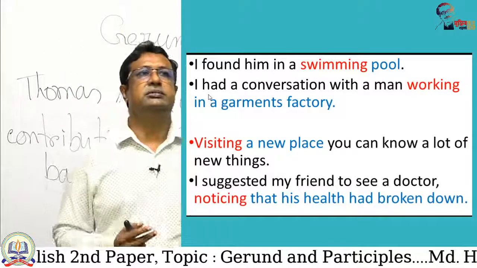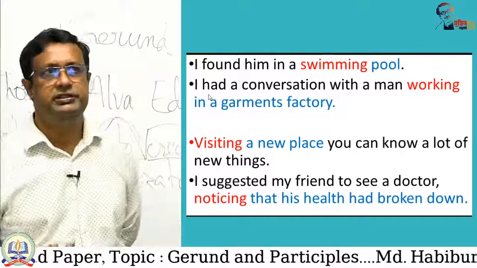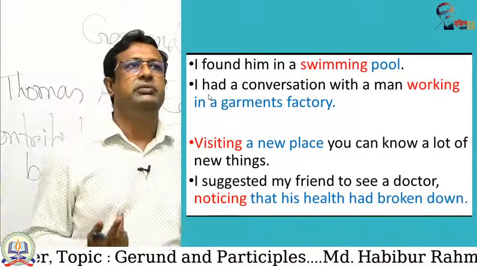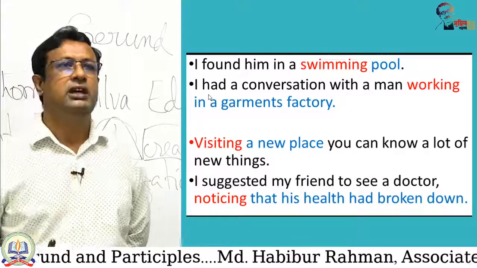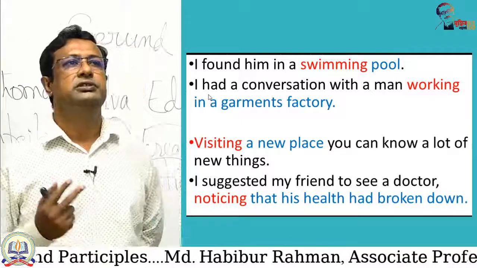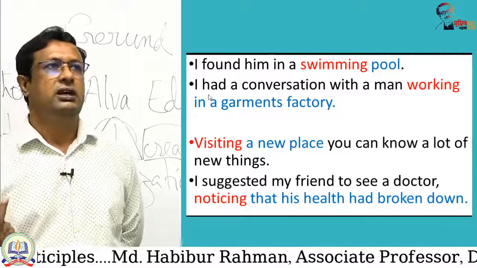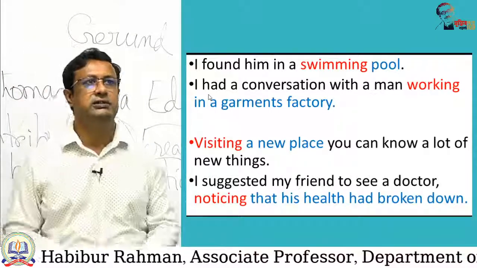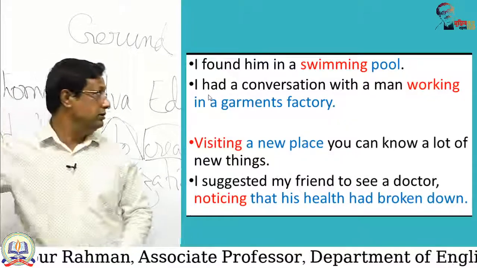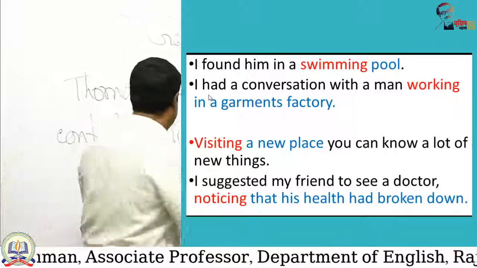They are similar in appearance. They will look the same. Here you will find the same word swimming. I have already mentioned swimming in a pond. Now I have again mentioned the word, I found him in a swimming pool. So what is the difference?